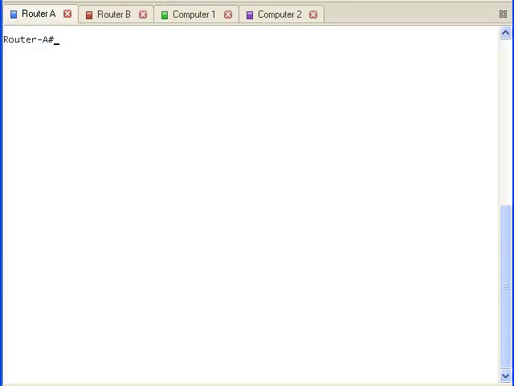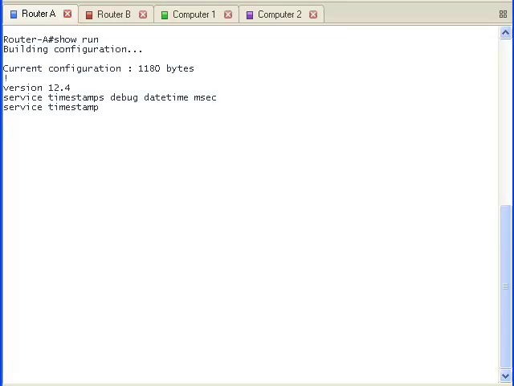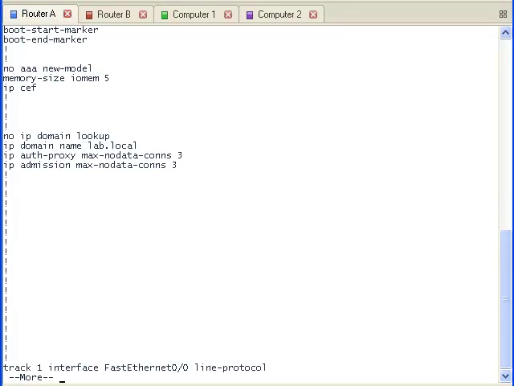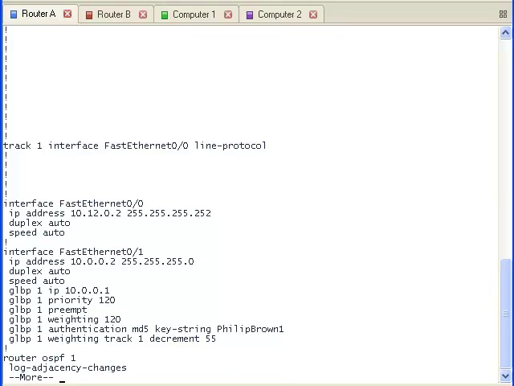Here we are looking at the terminal window of router A. Let's take a look at the running configuration. The Gateway Load Balancing Protocol is configured on Fast Ethernet 0/1.